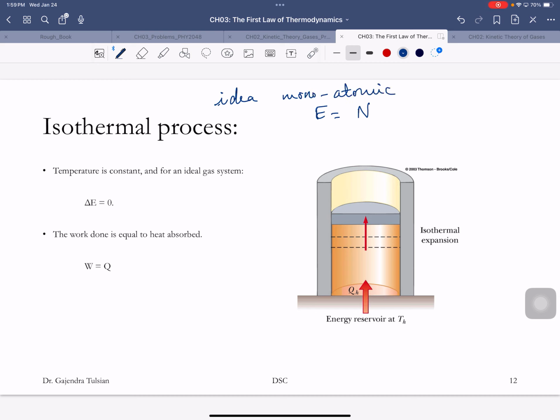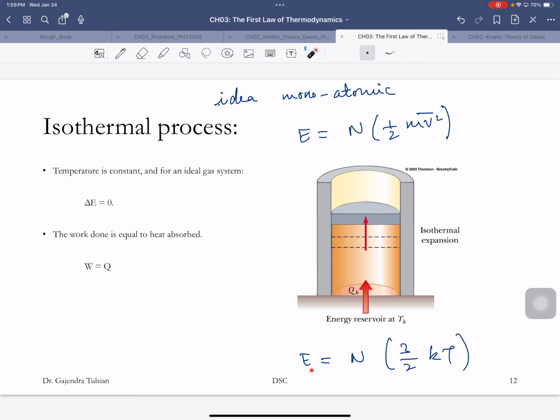Okay, and so the internal energy is N times, for an ideal monoatomic gas, it's just the kinetic energy, and kinetic energy for a monoatomic gas is 3/2 kT. So the internal energy just depends on temperature.